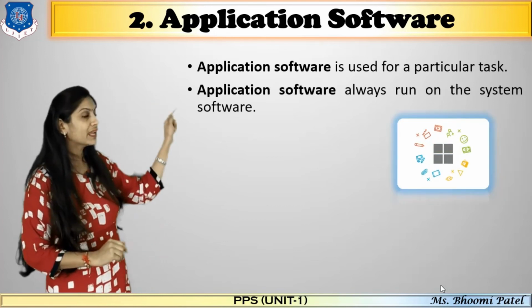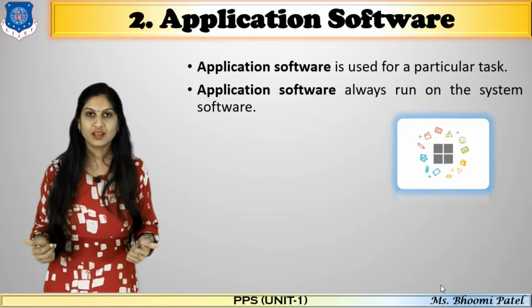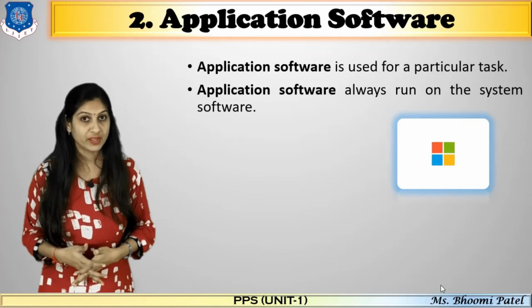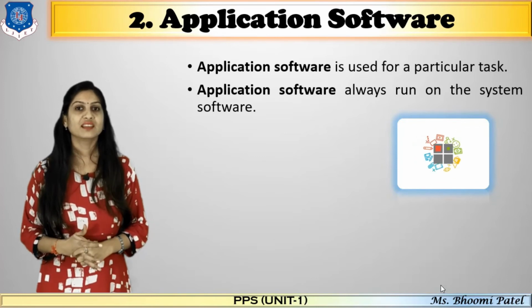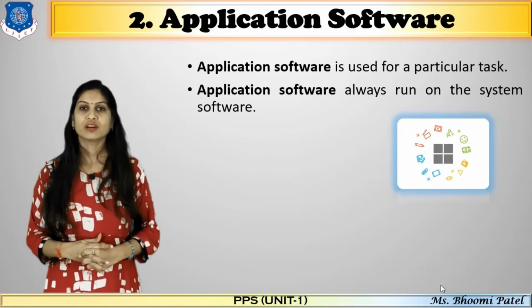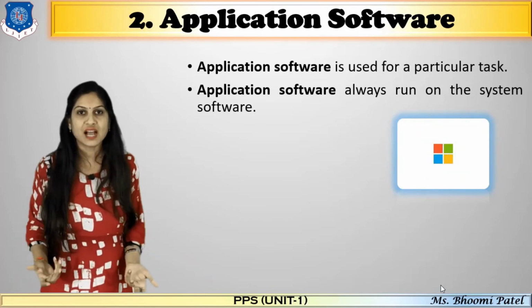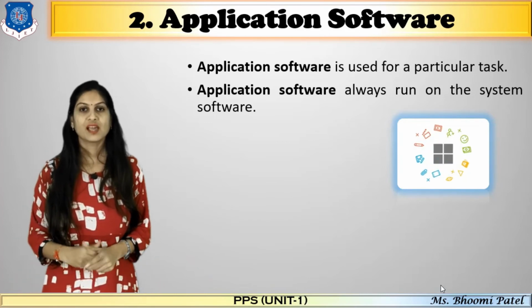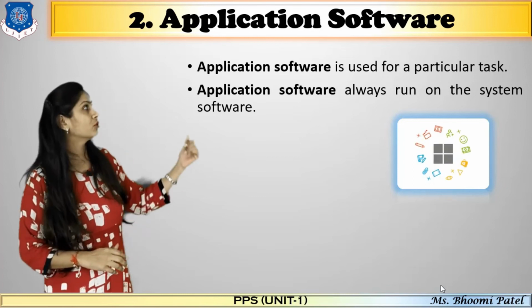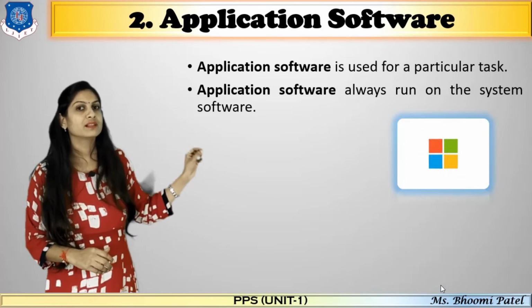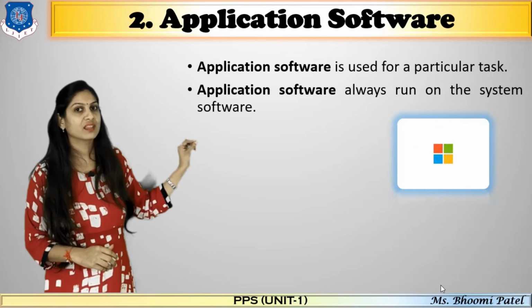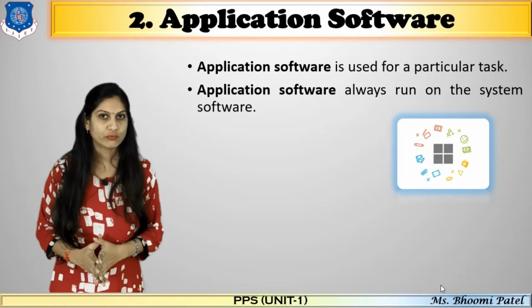But application software can't be run without system software. In simple language, our Word file or Microsoft Office can't be executed or started without an operating system, as you all know. So application software compulsorily requires system software.